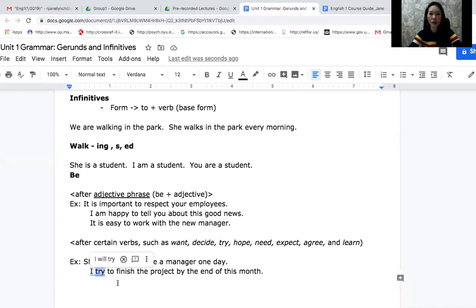The main verb is try. So when you use try, just remember this structure: I try to do something. When you say to do something, we use infinitive. I try to finish. So finish, base form, remember? Base form, so you don't add anything. No ing, no s, no ed.